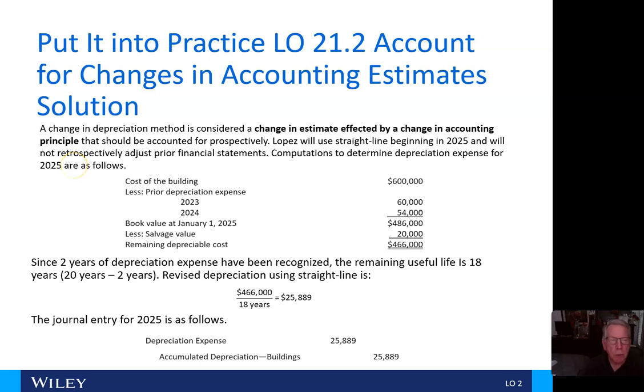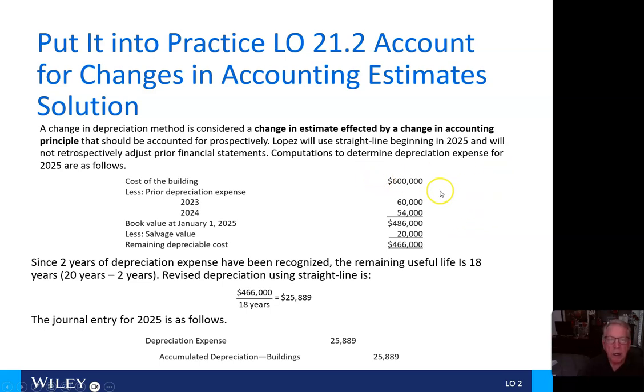Computations to determine depreciation expense for 2025 are as follows. So here, the cost of the building, $600,000, back out prior depreciation expense, giving us a book value of $486,000, and then we back out our salvage value, and the remaining depreciable cost would be $466,000.